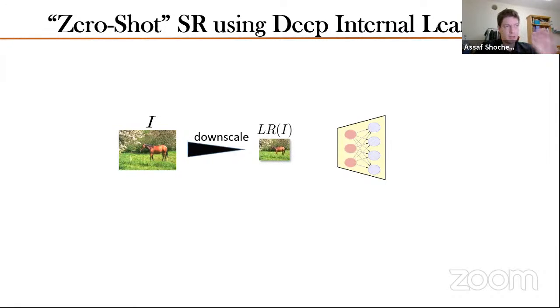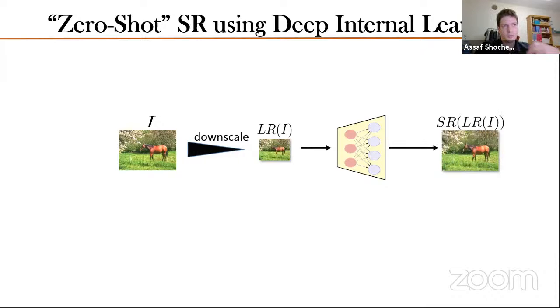We feed the downscaled version to some network, and this network will train to produce what is hopefully the super resolution of the low resolution version of the original input image.